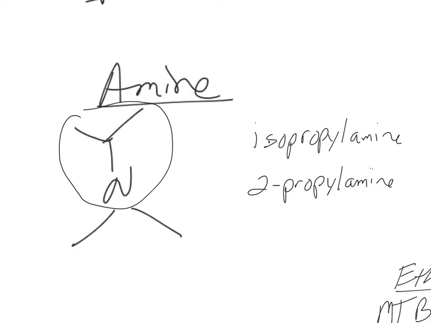So either one works. Then the next part you need to, right? How do you distinguish the other things off the nitrogen? How do I tell somebody something's off the nitrogen? And I say what? N, right? So in this case, you have two things. What are they? Methyls, right? So you say dimethyl, and instead of putting a number, you put N,N, right, to indicate they're off the nitrogen.